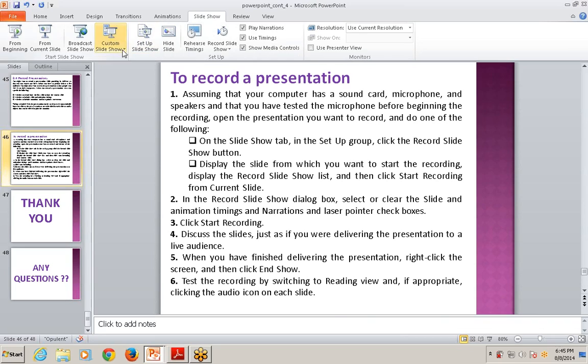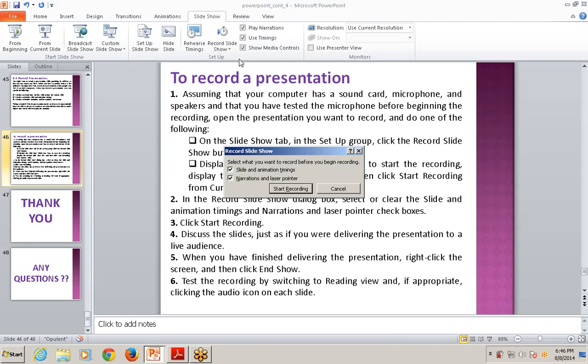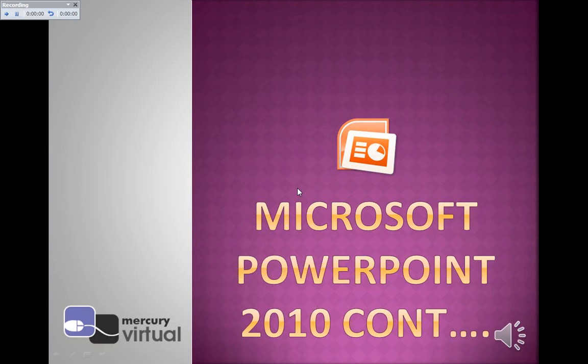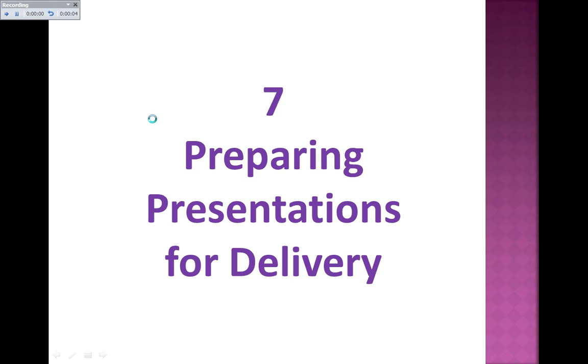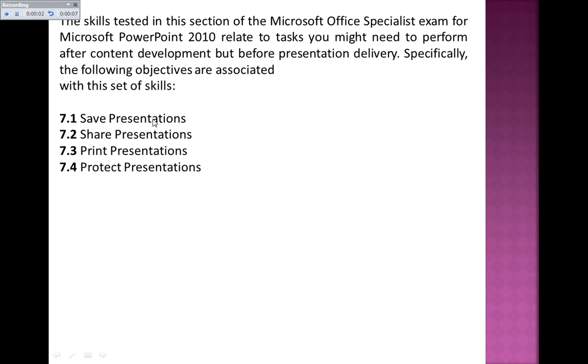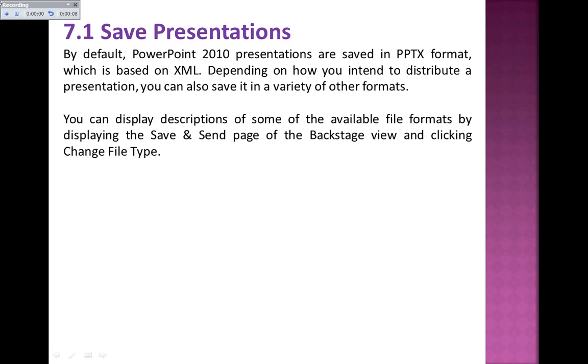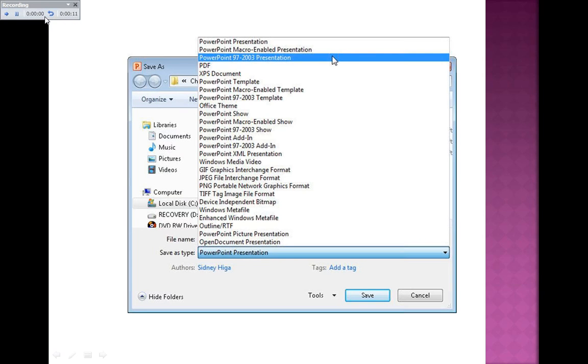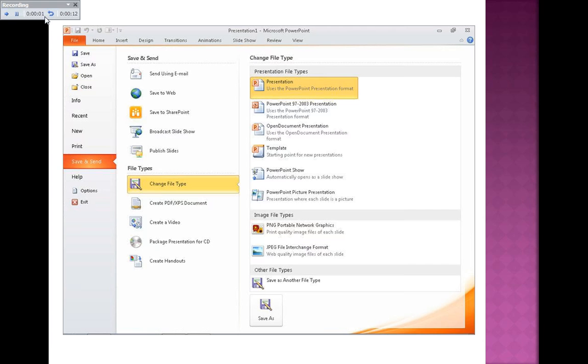Go to the slideshow. This is the slideshow tab. This is record show narration, starting from beginning, start recording. This will show. If I move, this will record. It records automatically when I jump from one page to another.